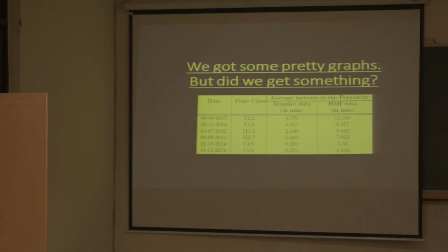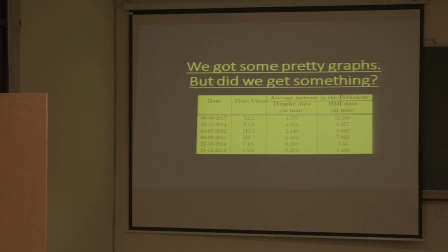So X 2.2 tells the magnitude, like when we say order of magnitude. X is 10 to the power 3, and 2.2 defines what the order of magnitude is. So 2.2, 1.6, 5.3, 2.7.